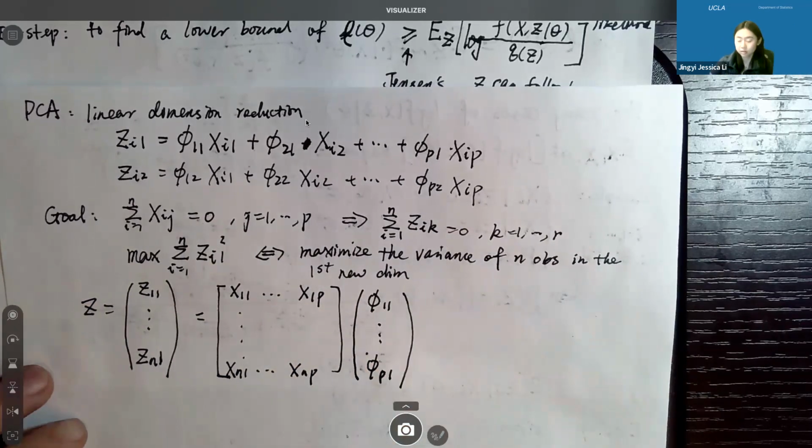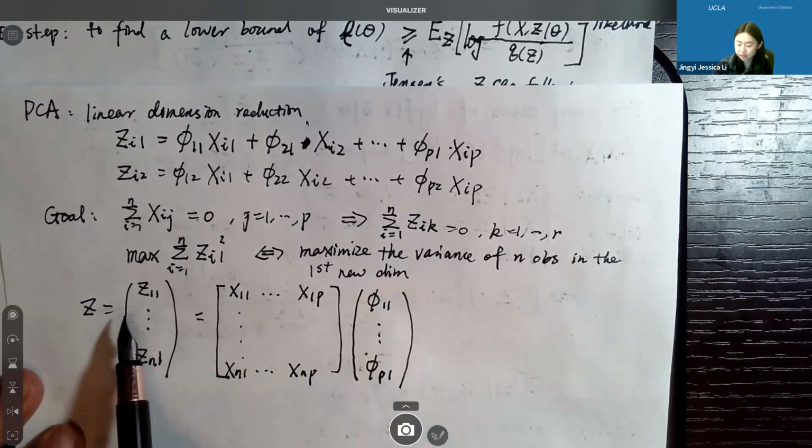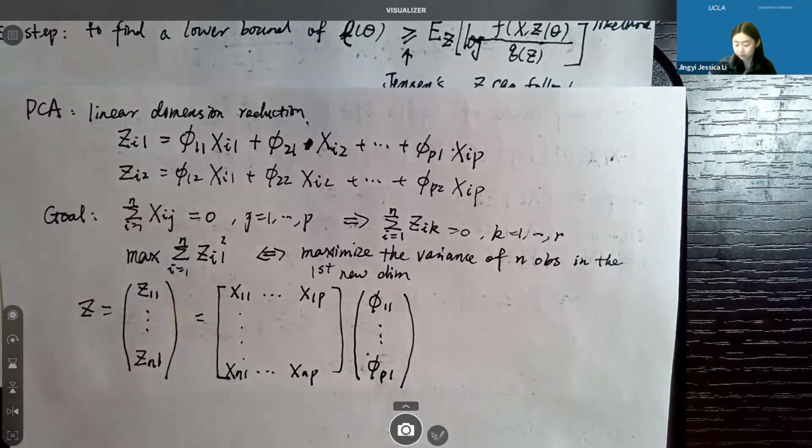If you check the math, the first row multiplied by the column gives me z11, corresponding to the first line of the equation there.